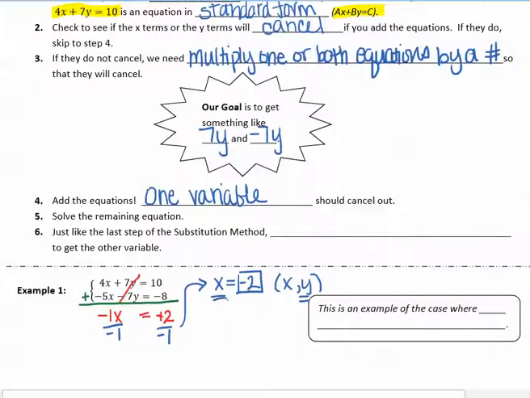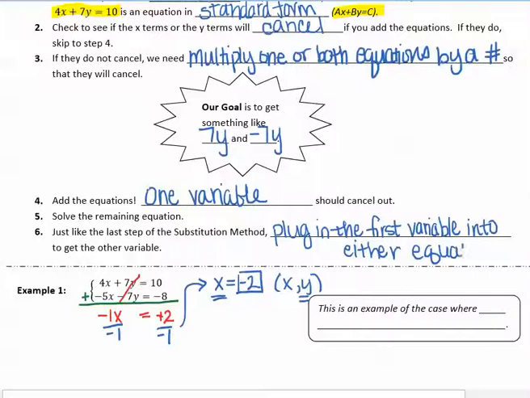So what we're going to do, just like we did before in the substitution method, you are going to plug in the first variable, so whatever one you found, into either equation. As long as it has both the variables, and then you're going to get the other variable.